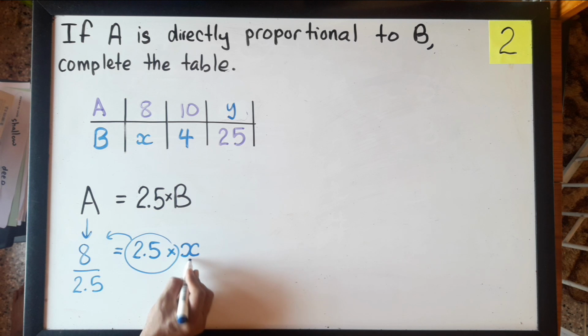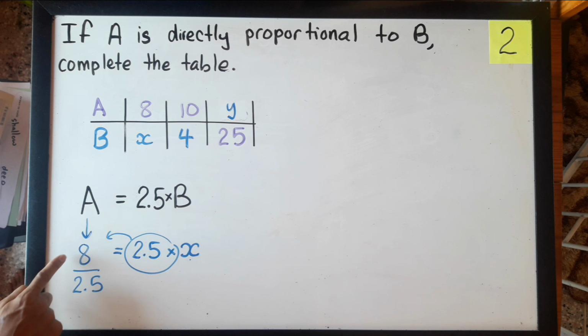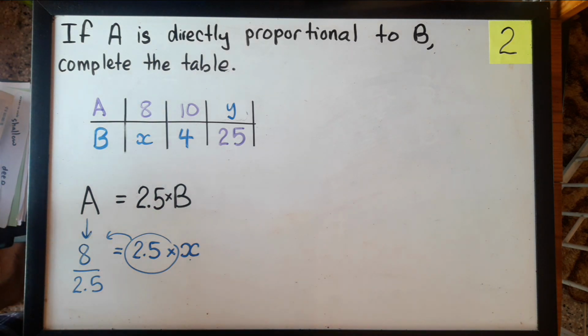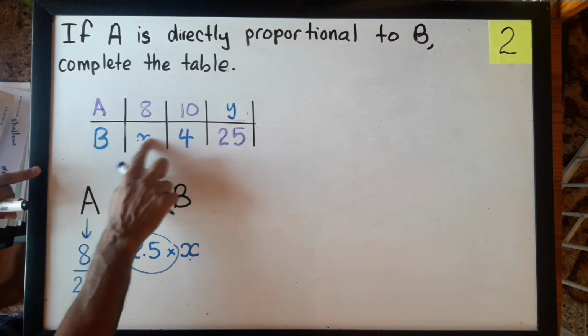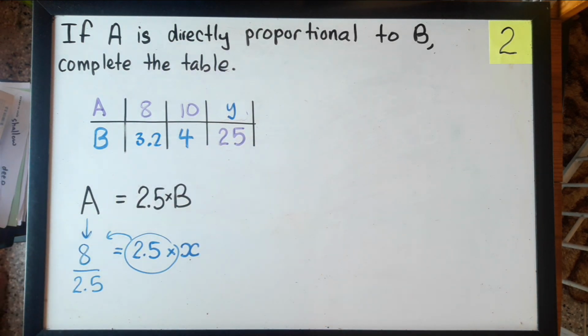And this will give us the value of X. So X is 8 divided by 2.5. Let me get my calculator. If you take these two and divide, you will get 3.2. So that means my first answer, X, is actually 3.2. So we're almost finished.